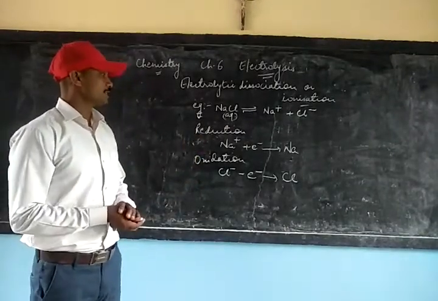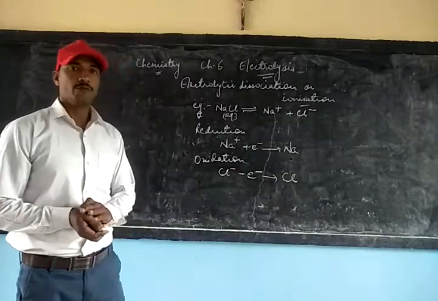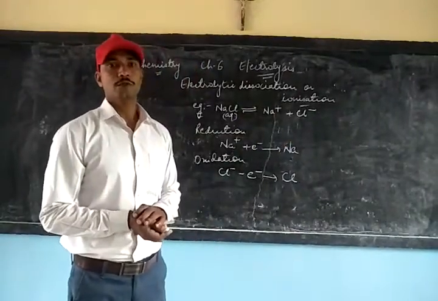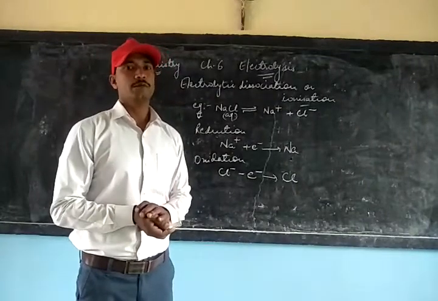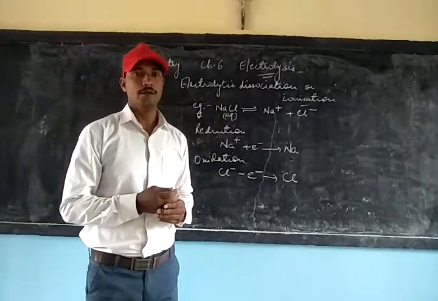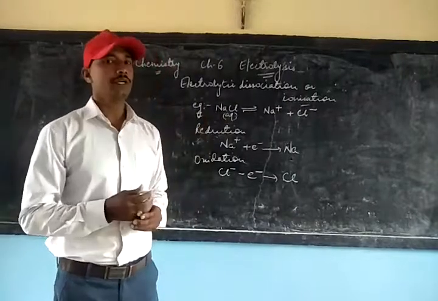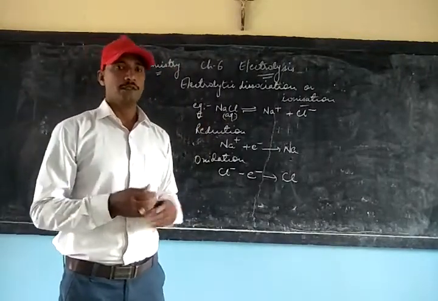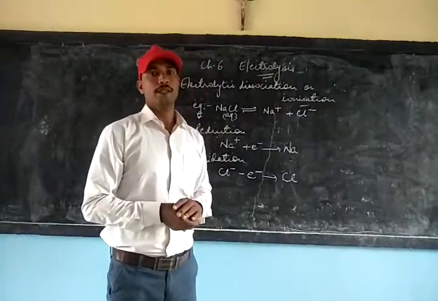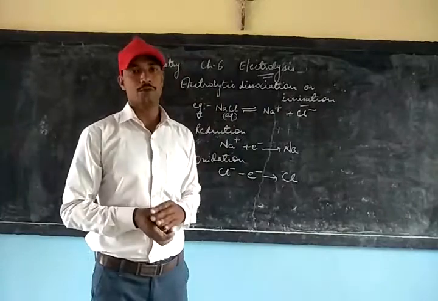Let us try to understand where these ions are going to migrate when current is passed through it. If you take an electrolytic cell where we carry out an electrolytic process, there will be two electrodes, cathode and anode.